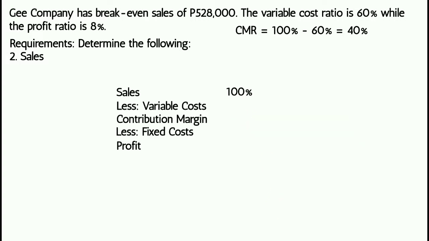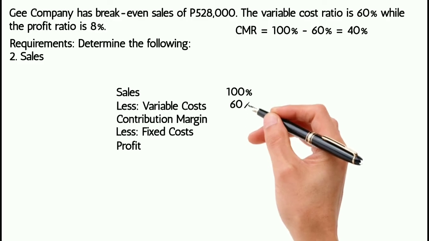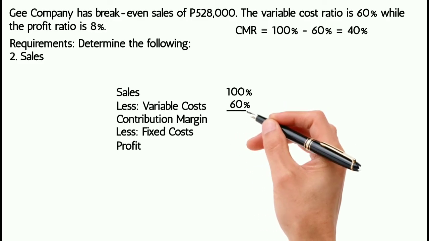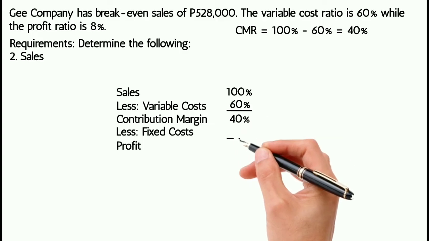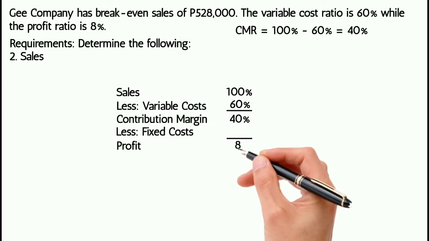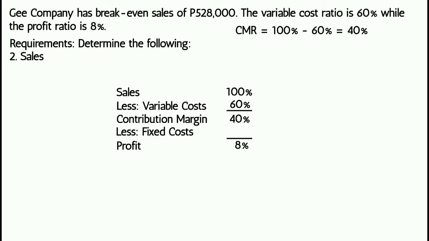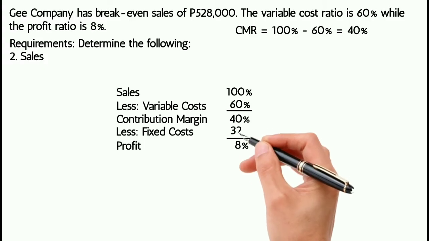Ang variable cost ratio ay 60%. So, ang contribution margin ratio ay 40%. Ang profit ratio ay 8%. I-squeeze natin yan para makuha yung fixed cost ratio. 40% minus 8%, that is equal to 32%.